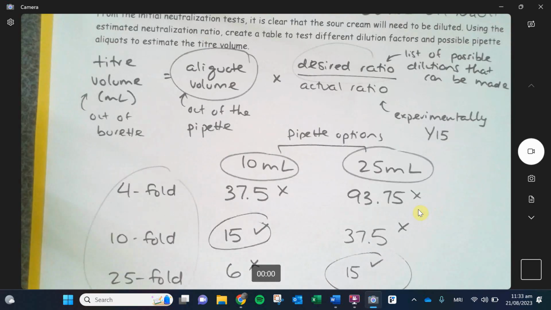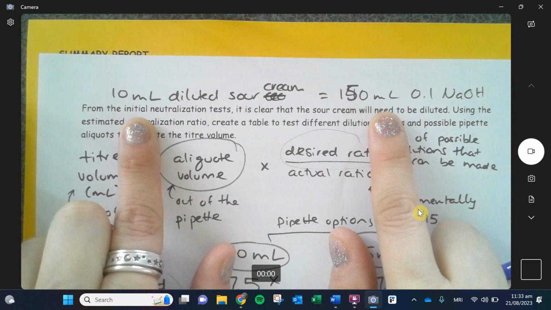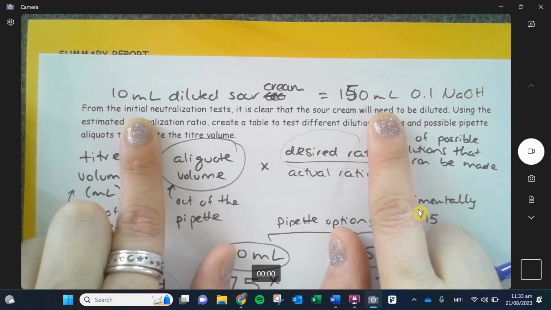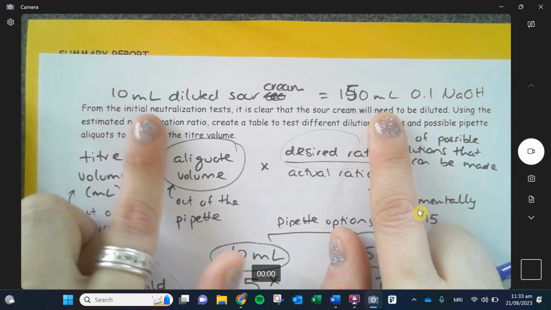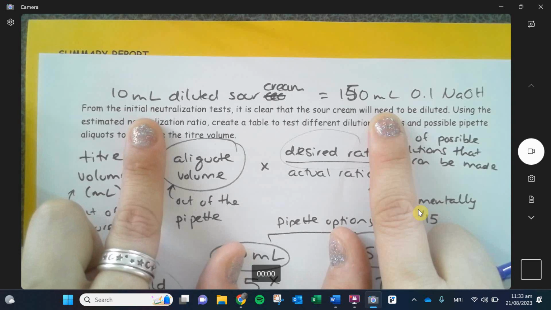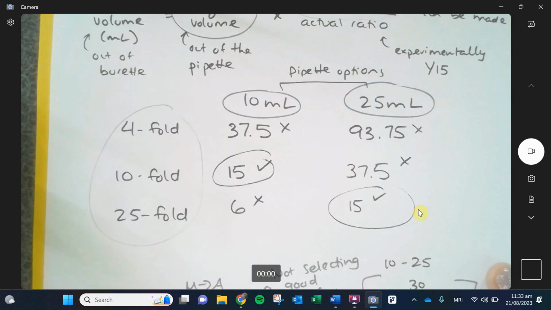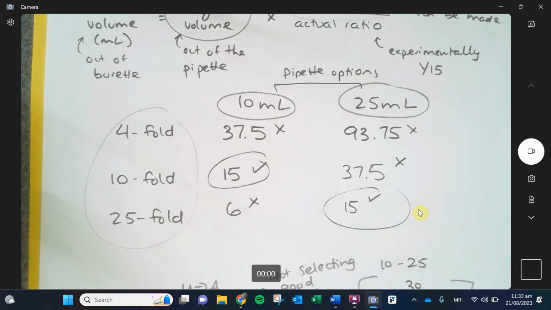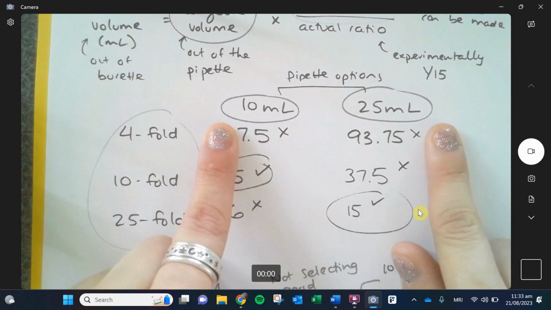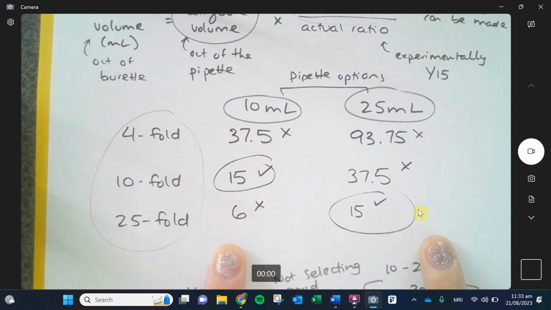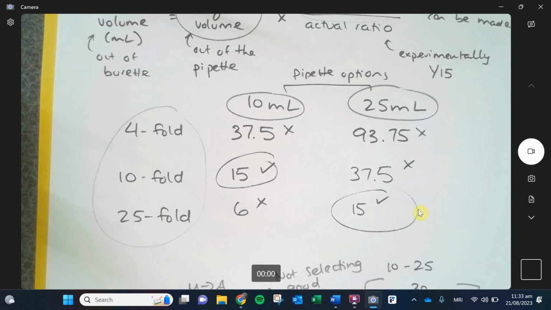You then found that that was not going to work because you were going to use buckets and buckets of sodium hydroxide, and so you're like, I need to dilute this guy down, so that way my ratio is far nicer. You then did these calculations here, looked at several different options on how you were going to dilute it and how much of the diluted solution you were going to use, and it gave you a rough estimate of what your titrate volume was going to be.